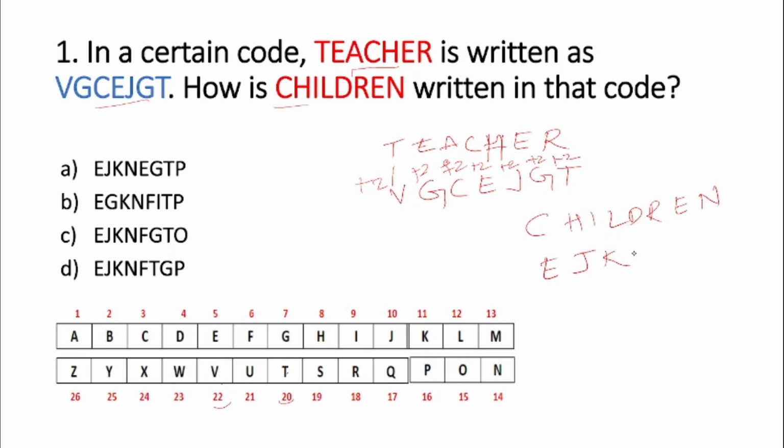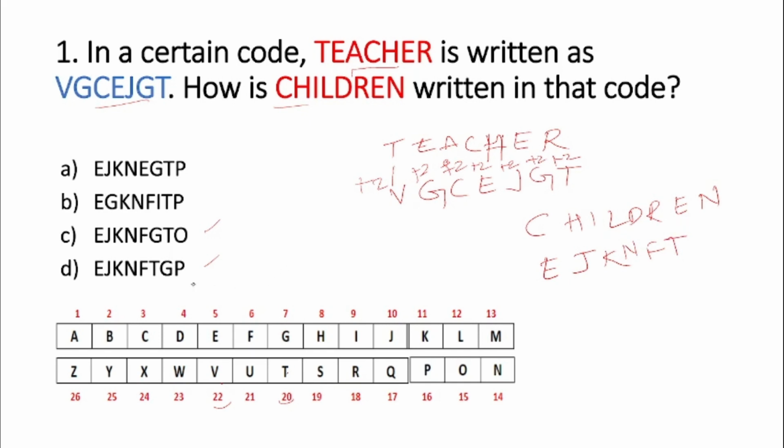L becomes N, D becomes F. We have sorted out the last two options. And R becomes T.